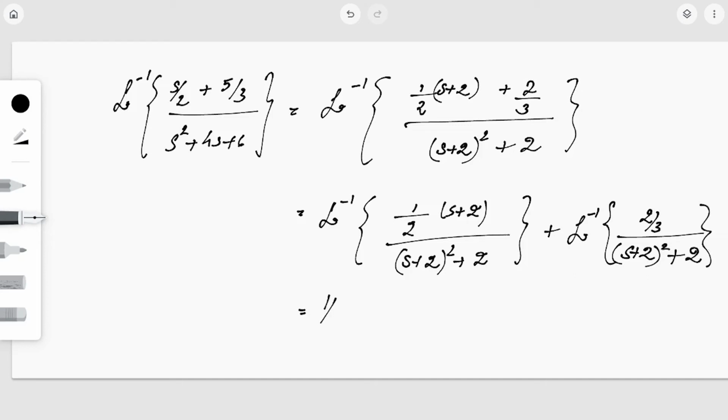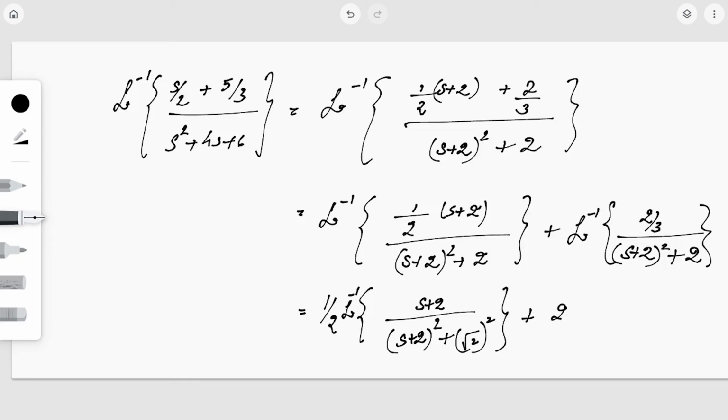So this is 1 by 2 into script L inverse of s plus 2 by s plus 2 whole square plus, instead of 2 I'm just writing root 2 square. Okay, that is like s square plus a square form, plus 2 by 3 into, I'll have to multiply and divide by root 2, so that will be into 1 by root 2 into script L inverse of root 2 by s plus 2 whole square plus root 2 square.